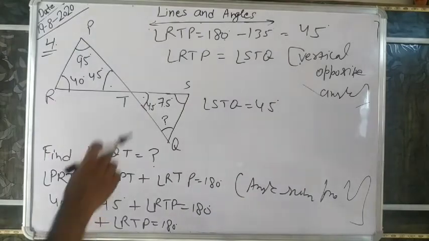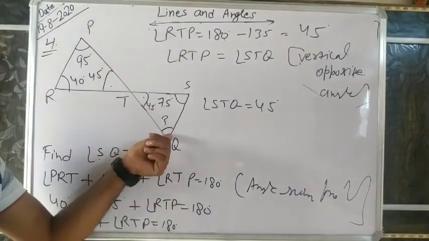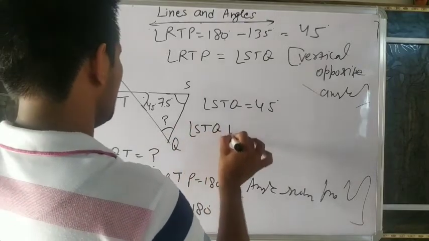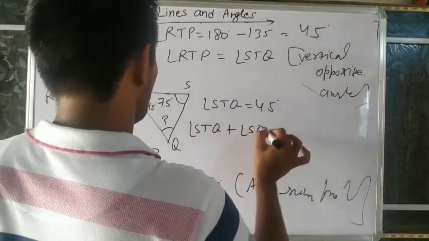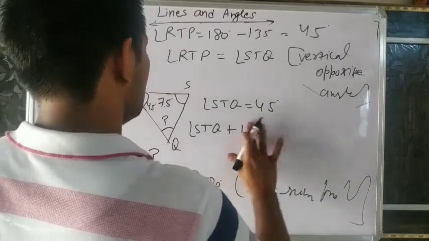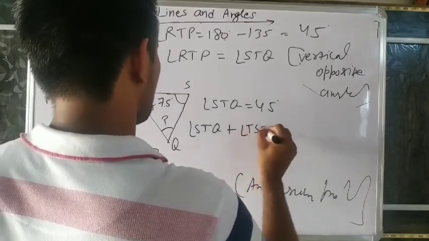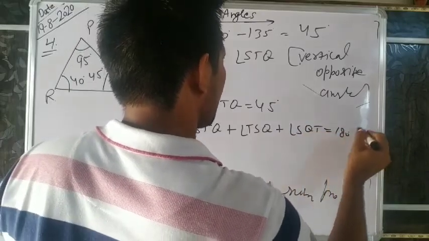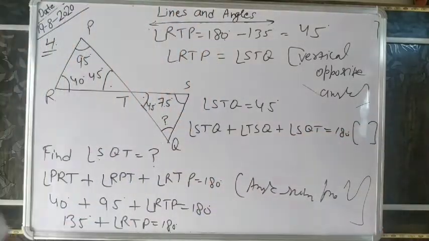And again, we know this one is 45, this one is 75. This one, how much? You can find. Use again the angle sum property: angle TSQ plus SQT plus STQ is 180. Again, angle sum property. We will write the reason in every part.